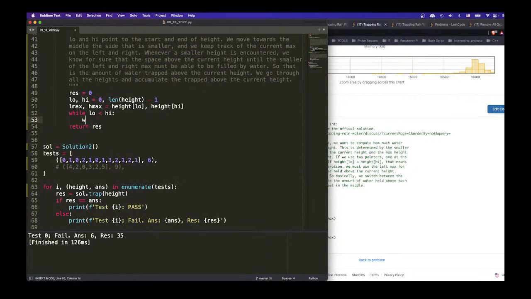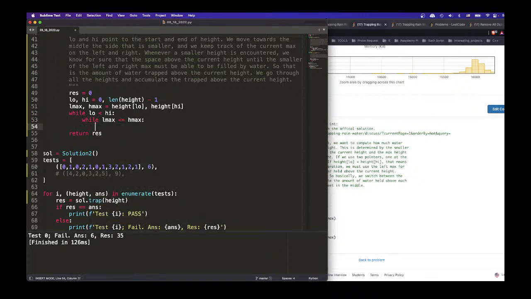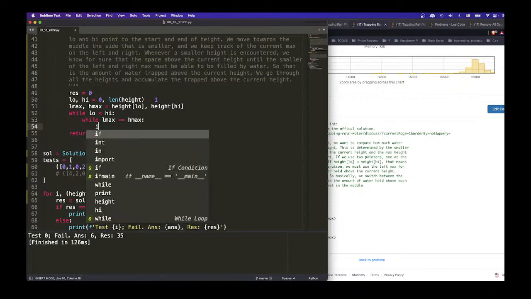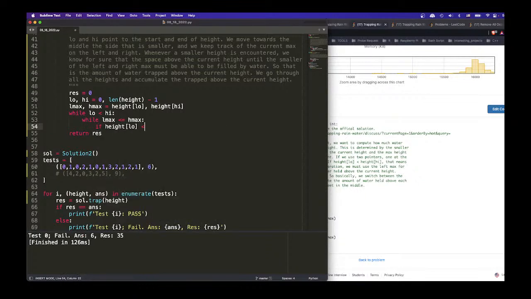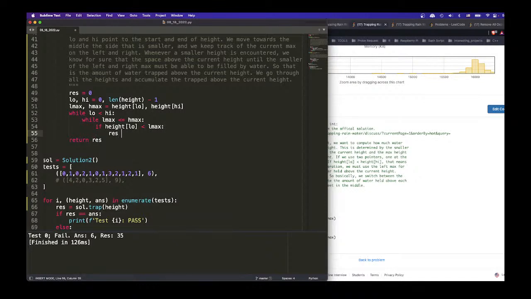And then we say while L max is smaller or equal to H max, we say if height low is smaller than L max, rest plus equals L max minus height low.